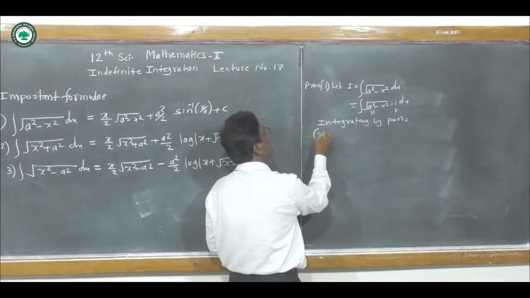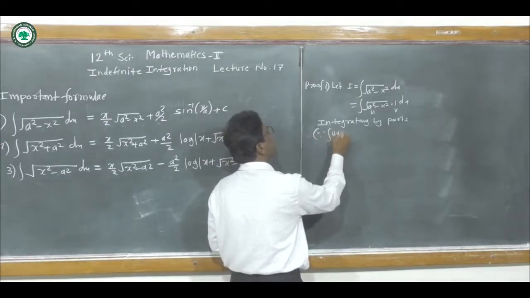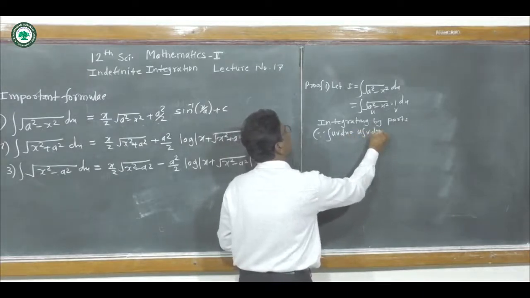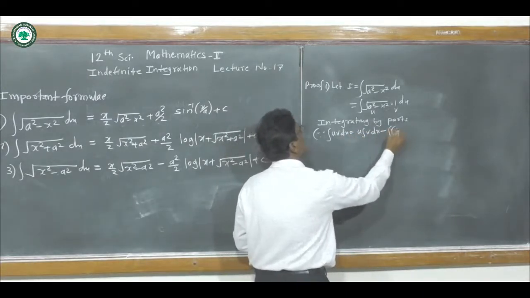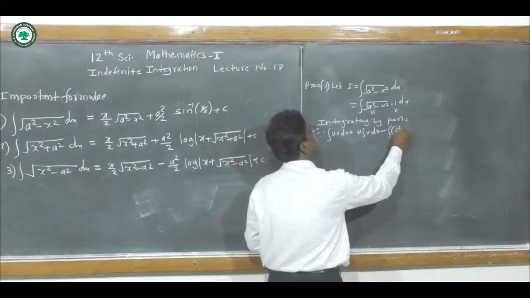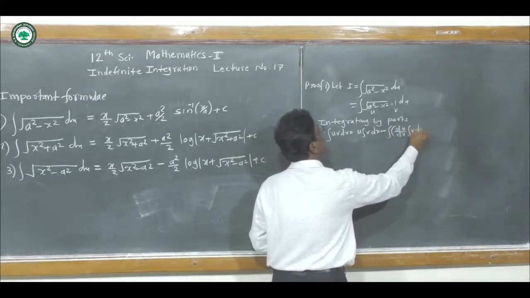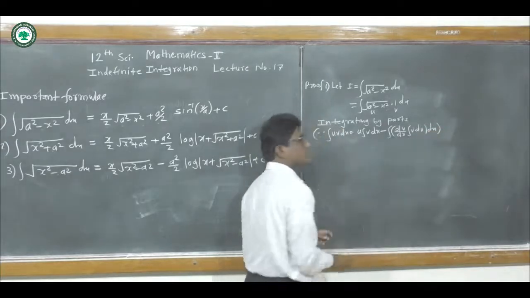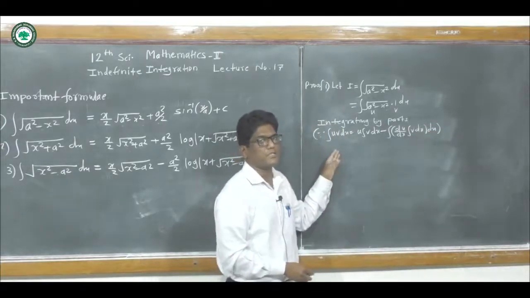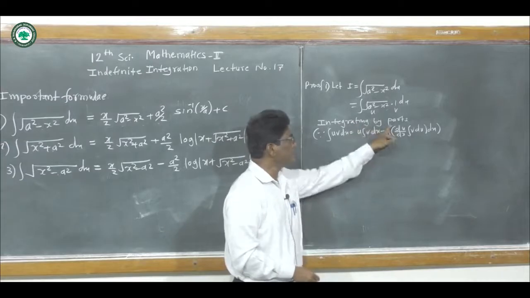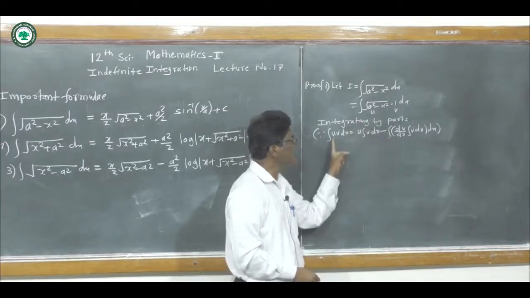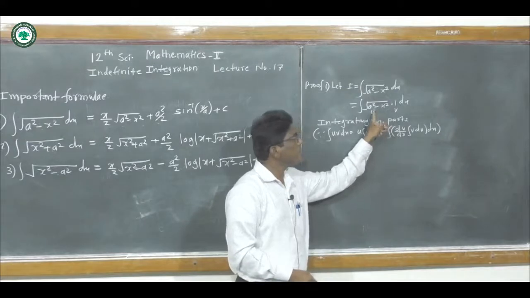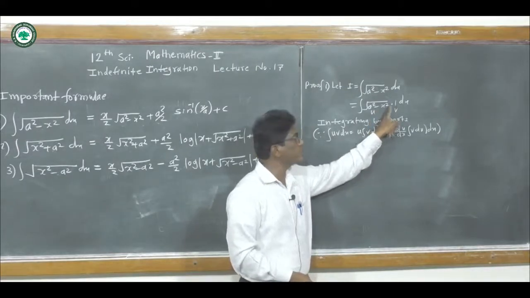I write here in bracket integration of u v dx is equal to u into integration of v dx minus integration of d by dx of u into integration of v dx, into dx. This is the theorem of integration of u v dx. We use this integration by parts, which means we have to use this formula. u is here root of a square minus x square, v is here 1.